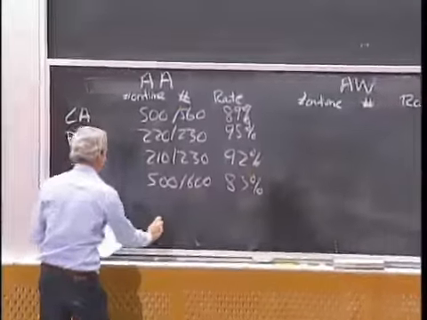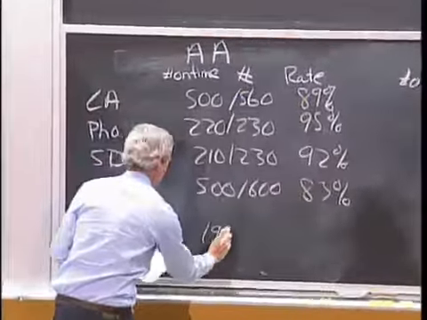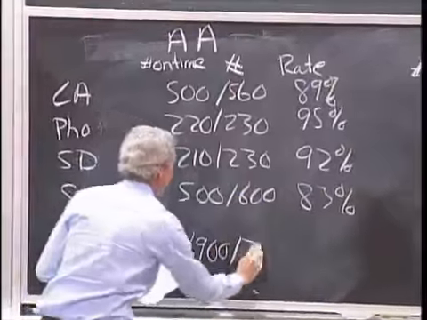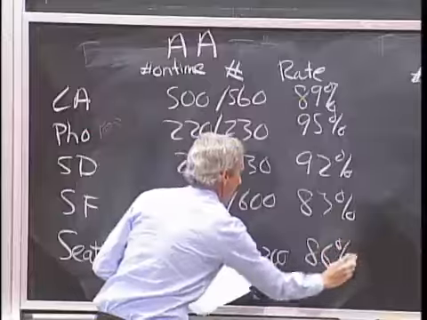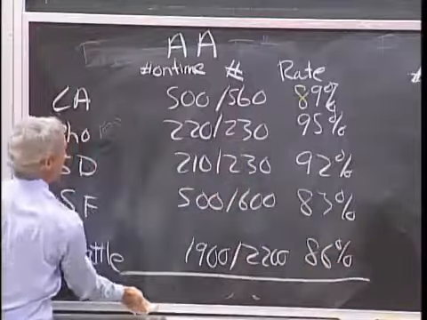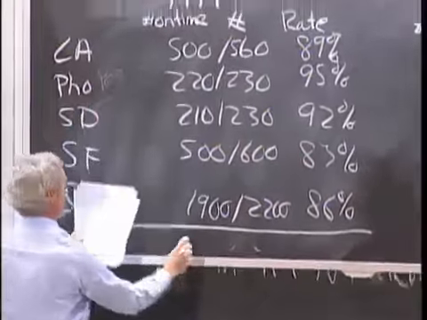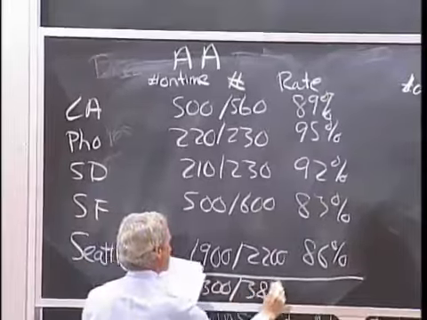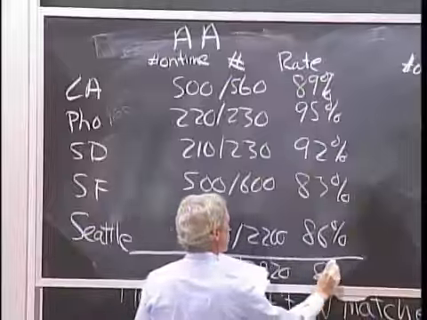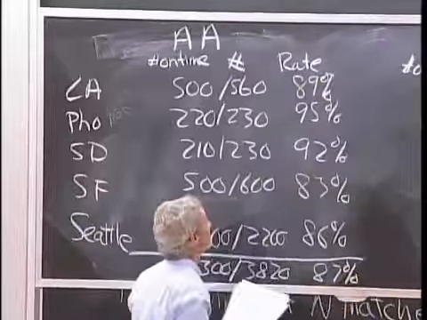And then Seattle, they had a lot of flights. That's where, maybe they had a hub, 2,200 for 86%. And if you added them all up, they got 3,300 out of 3,820 for 87% on time.